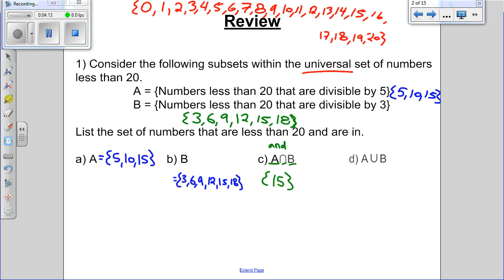D says all things that are in set A or B. So that one where it's facing up, like a little horseshoe, is or.